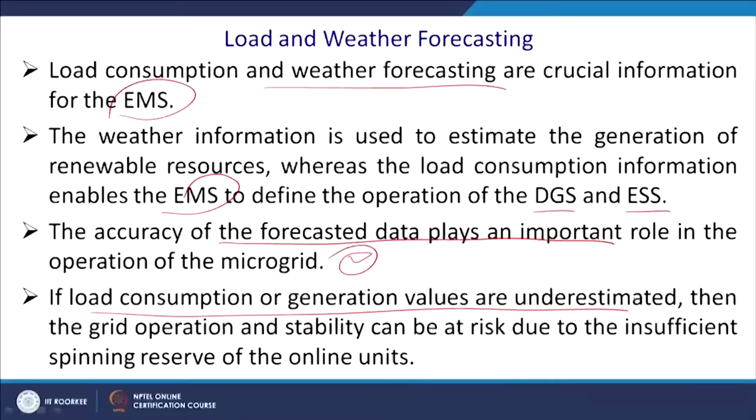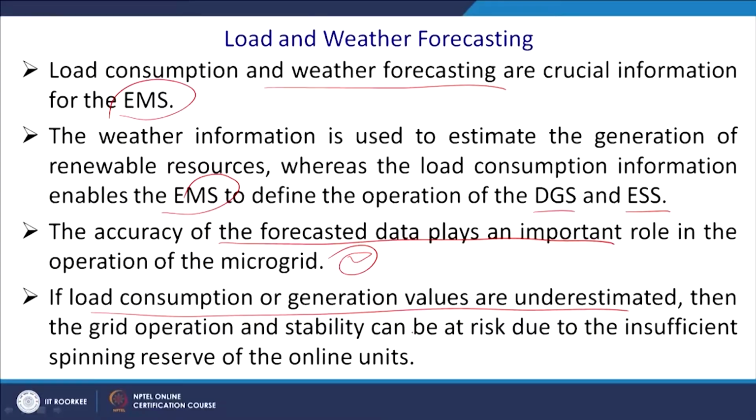So, the better will be the other control and the operations, and changeover can be smooth. And if by somehow the load consumption or the generation values are underestimated, then the grid operation and the stability can be at risk.